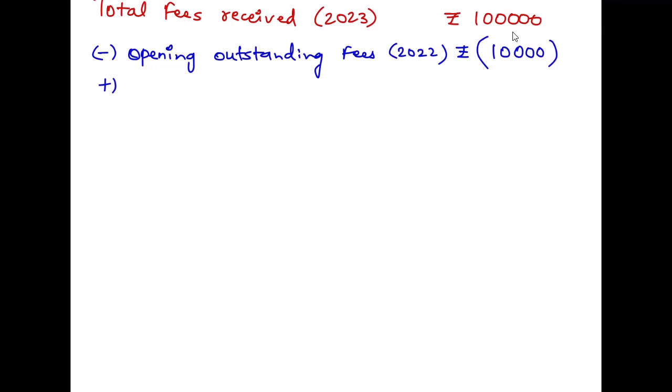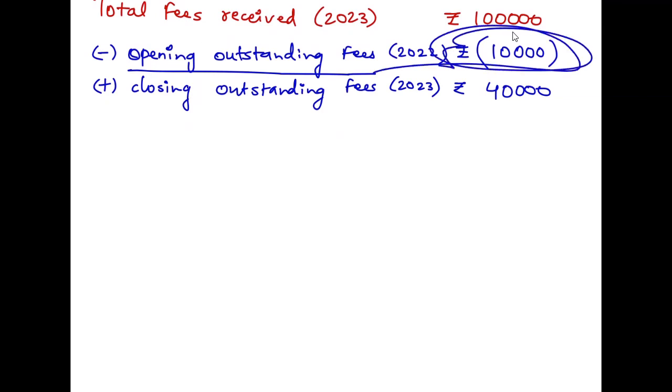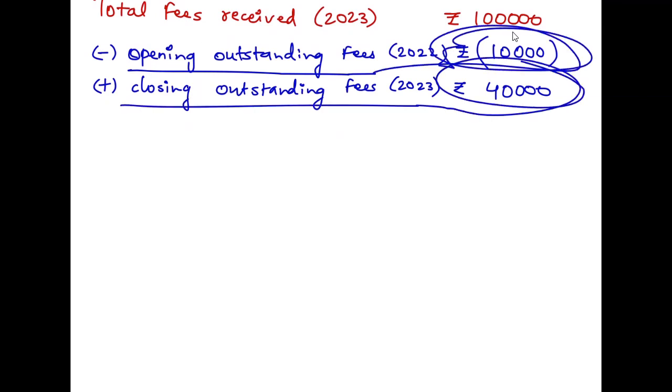So we will add the closing outstanding. Why we are saying outstanding? Because it is not yet received fees for current year, that is 2023, rupees 40,000. So if you want to learn, you can also learn that opening outstanding is always deducted and closing outstanding is always added.